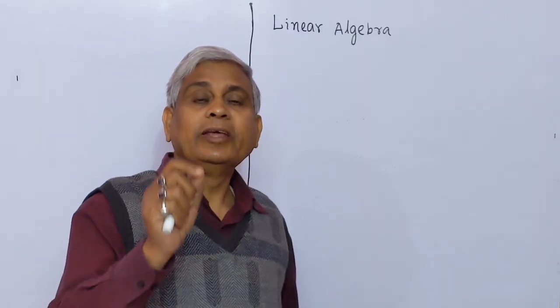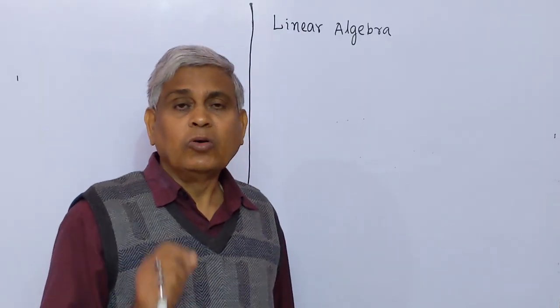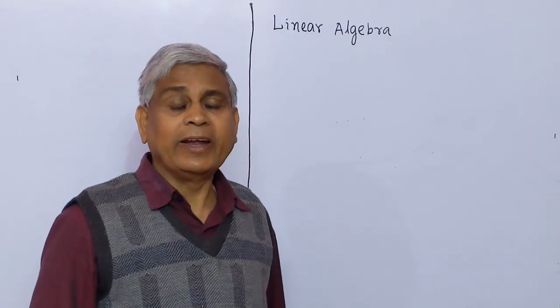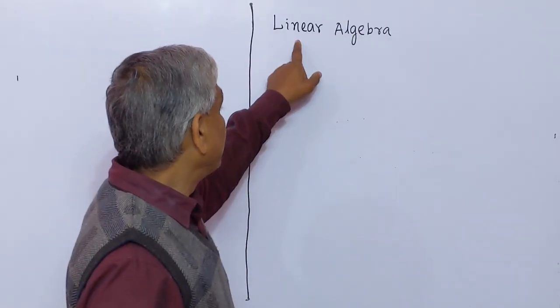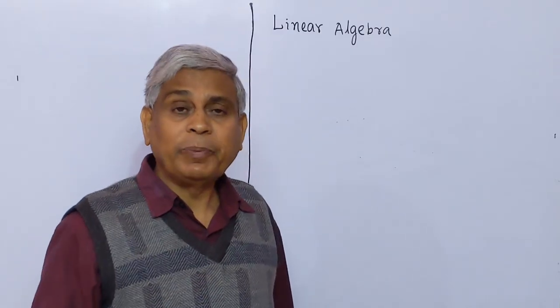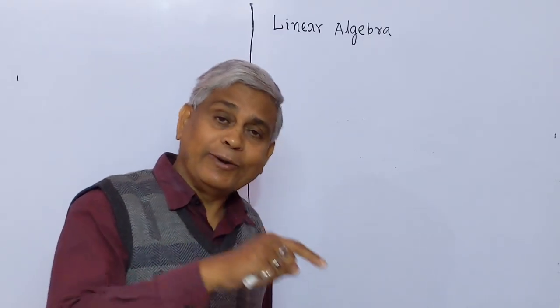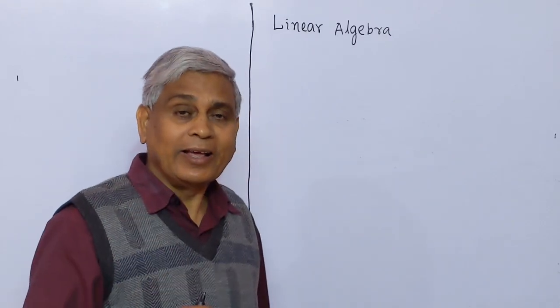Here we are dealing with linear algebra. But the question is, why do we add the term linear with algebra? That is, what is the meaning of linear, and why is that term added with algebra?